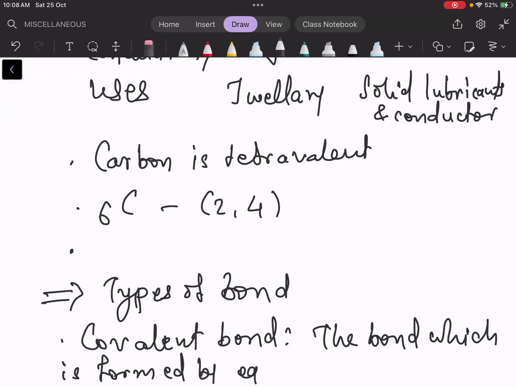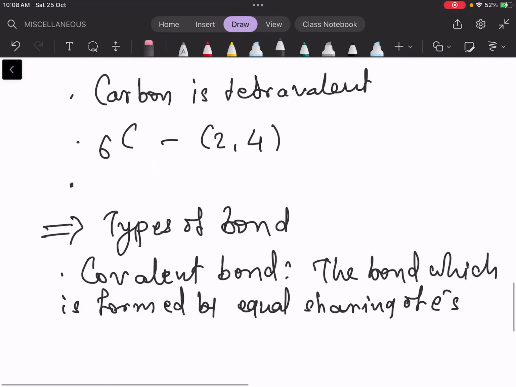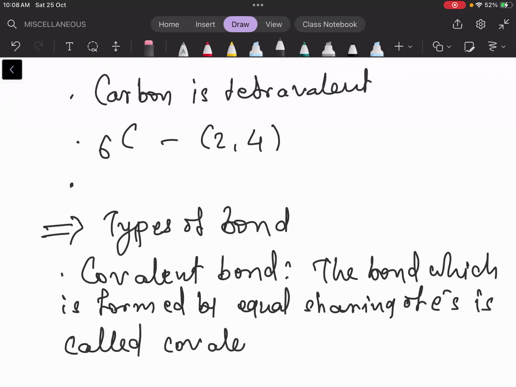So carbon generally forms a covalent type of bond.